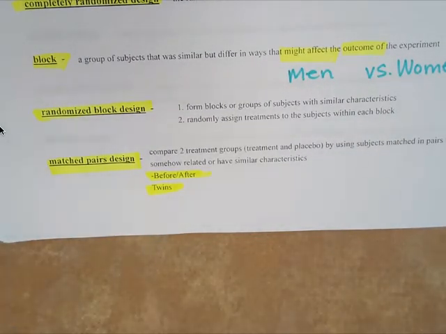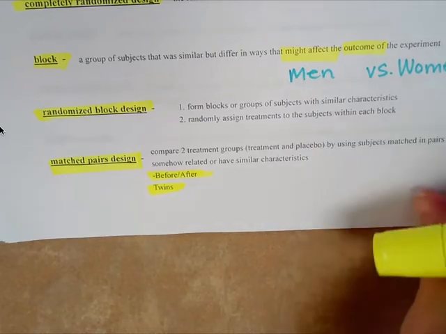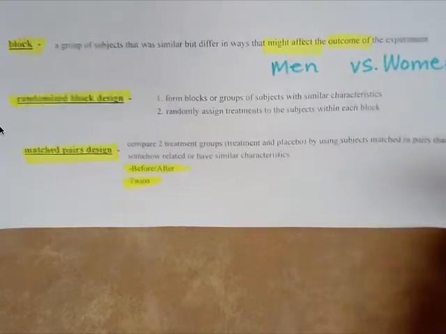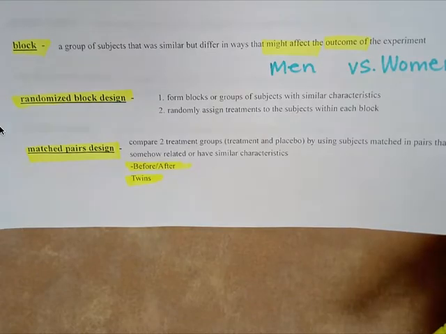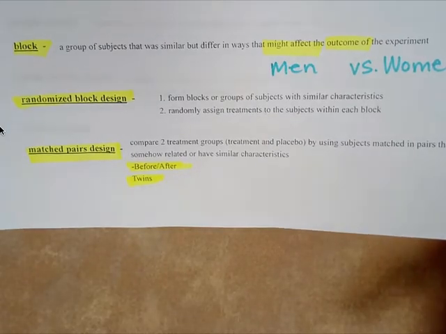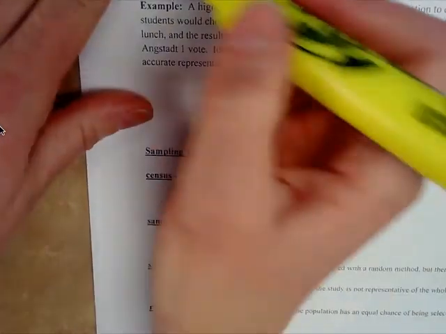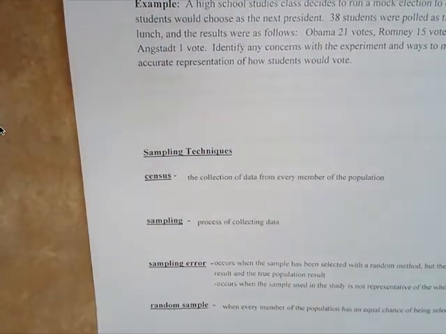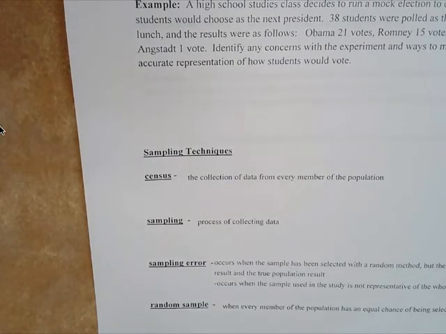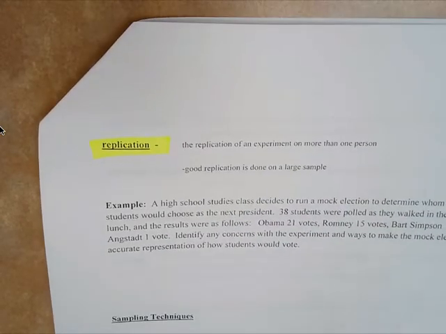That's how you could do a matched pair. Replication. The replication of an experiment on more than one person. Good replication, I can't even say that word, it's a hard one, is done on a large sample.